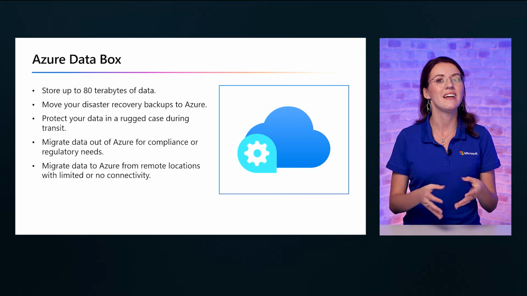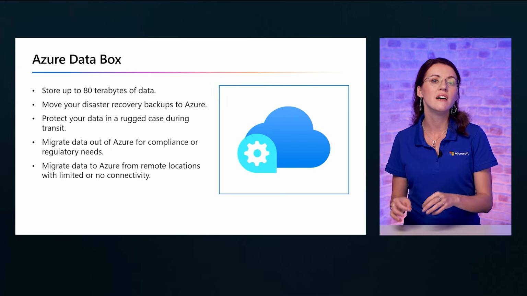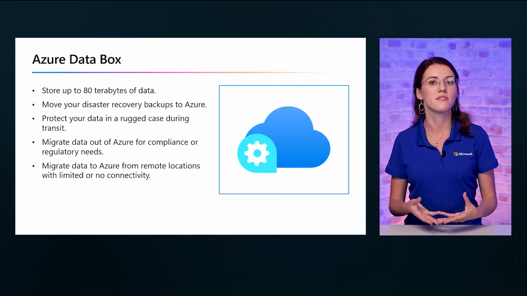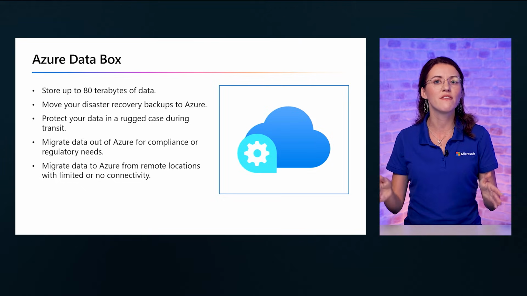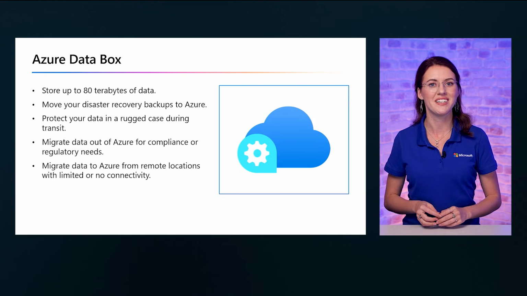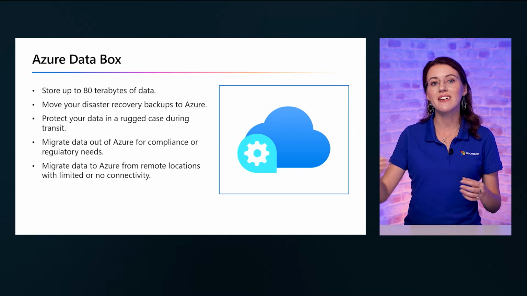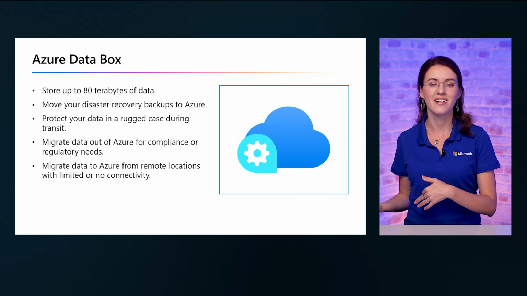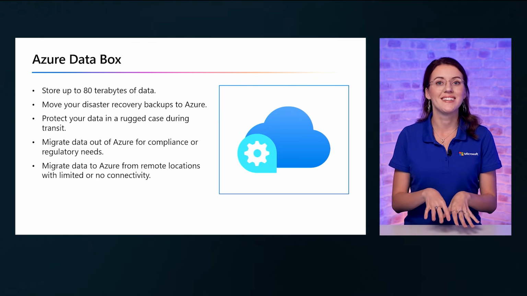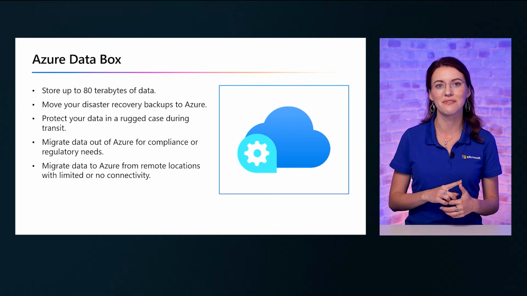Data Box is transported to and from the data center through regional transportation services, and its reinforced casing protects it from damage during transportation. You can order Data Box on the Azure portal to import and export data to and from Azure. Once the device arrives at your data center, you can quickly set it up using a local user interface.